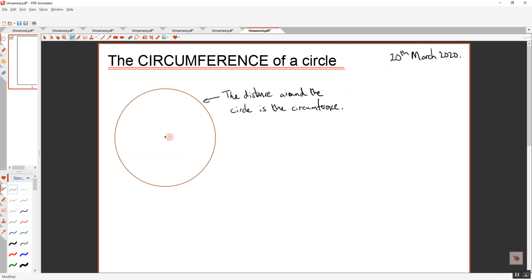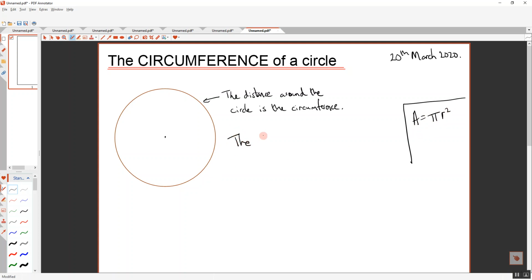So we've worked out the area of a circle, and if you can remember, the area of a circle is equal to pi times the radius squared.